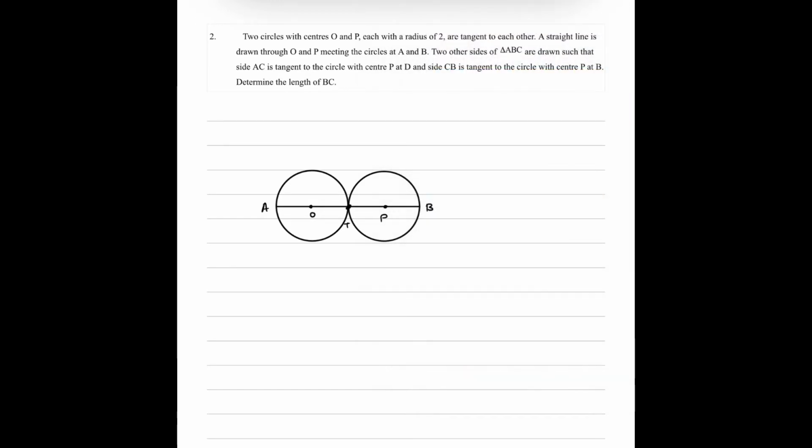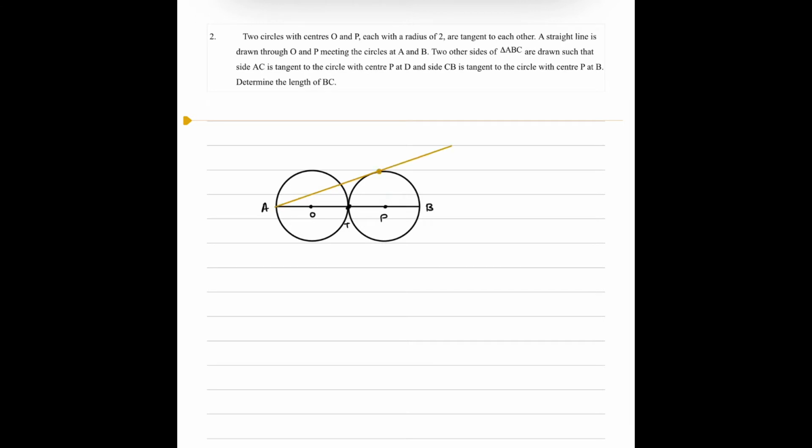Now the two other sides of triangle ABC are drawn such that side AC is tangent to the circle with center P, this one, at D. So let's draw a tangent from A to something like this.